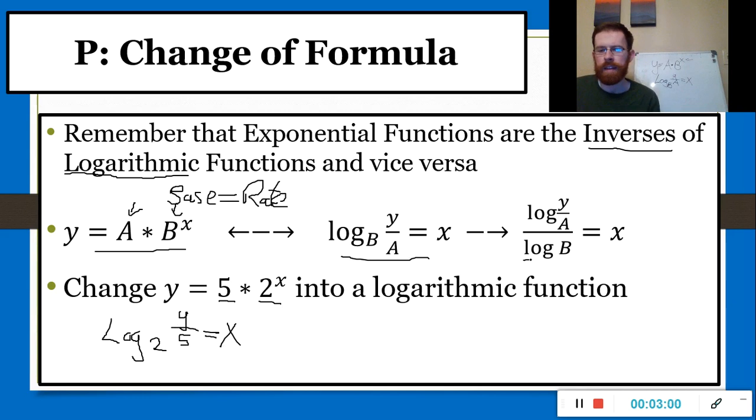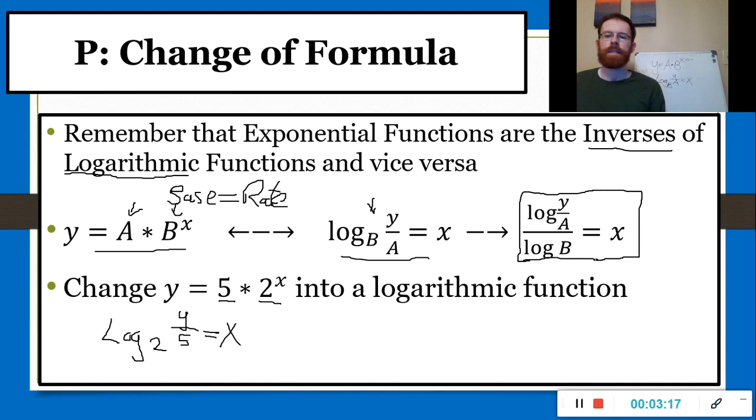Now, I included this as well because not everyone has a calculator that will allow you to write a log and put in a base at the same time. A lot of older TI models and older graphing calculators make you write log of y over a divided by log of b, because this makes it back into the original log base 10 system.